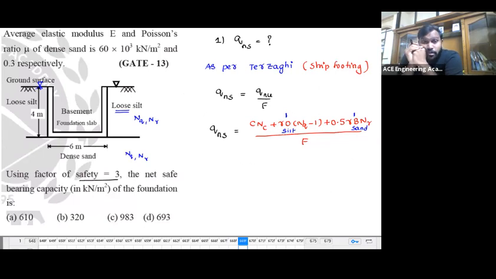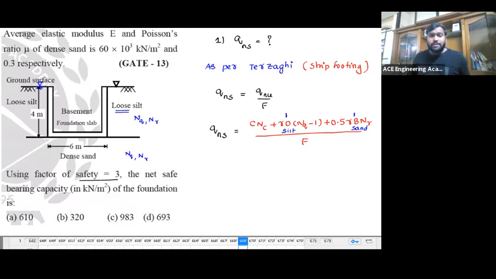If you remember, what are Terzaghi's theory assumptions? Terzaghi has done his analysis on a strip. One of the assumptions is that soil above the base of footing is considered just a surcharge. Have we taken the side resistance of the soil?